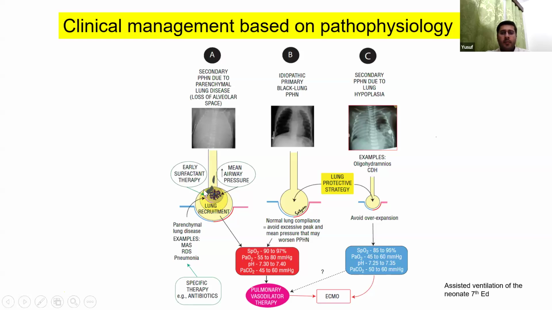So basically, as you all know, there are three types: maldevelopment, maladaptation, and underdevelopment. Irrespective of the underlying pathophysiology, what is the most common type of PPHN we are dealing with?